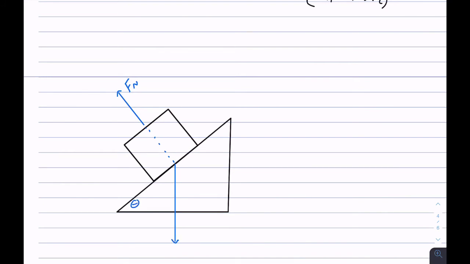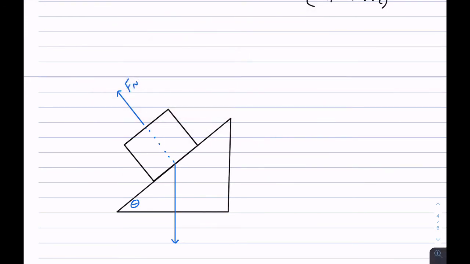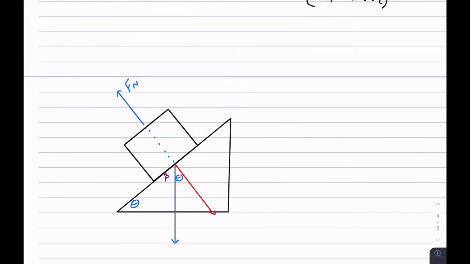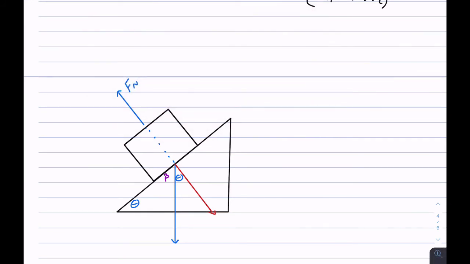Well, if we set something up where we have a perpendicular line that's opposite the normal force, so it's perpendicular to the ramp, then this is going to be beta, and this is going to be back to theta, right? So now we have two components for this gravitational force pulling downwards. We have a component going this direction.